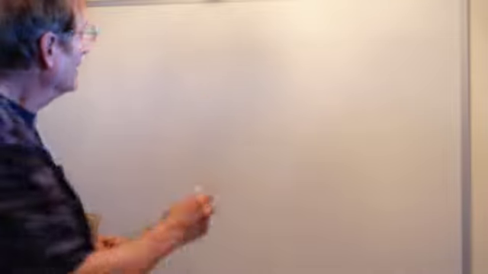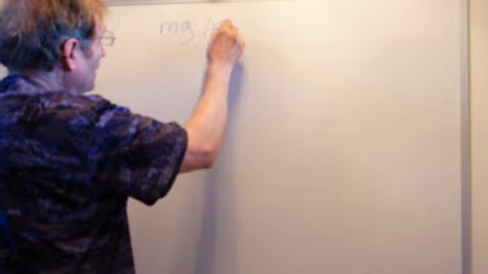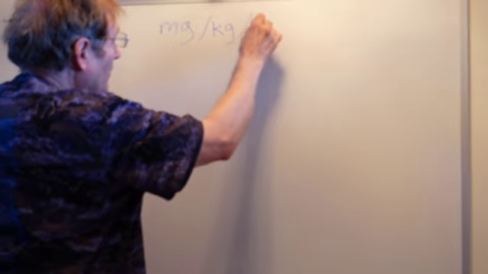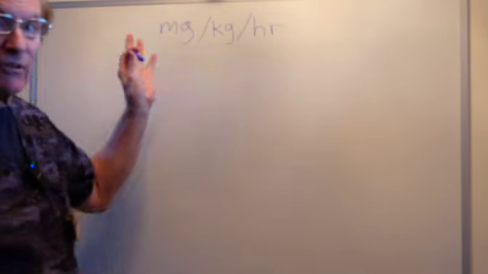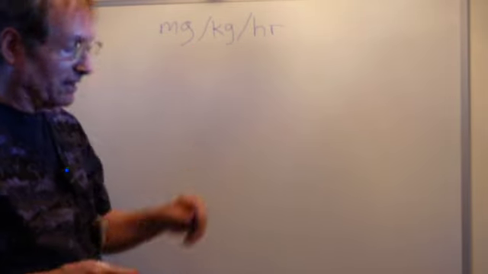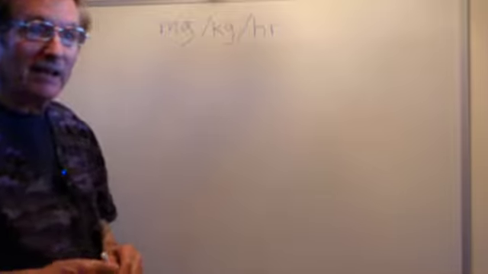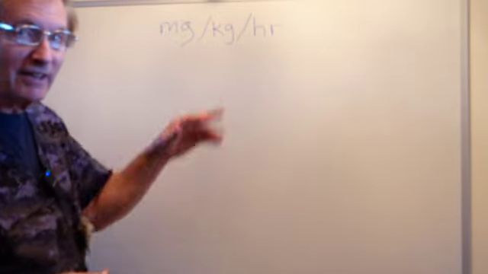The doctor's orders are generally given in mgs per kg per hour, or minutes or days, or maybe micrograms, some unit of mass, the patient's mass, and some unit of time. And they string them out with these division symbols horizontally like this.